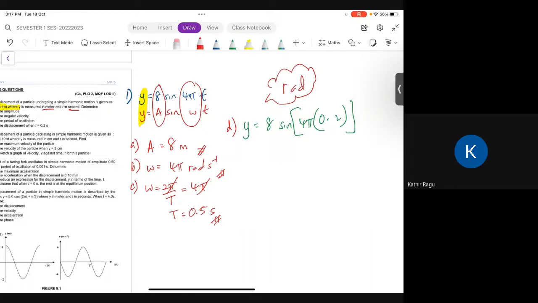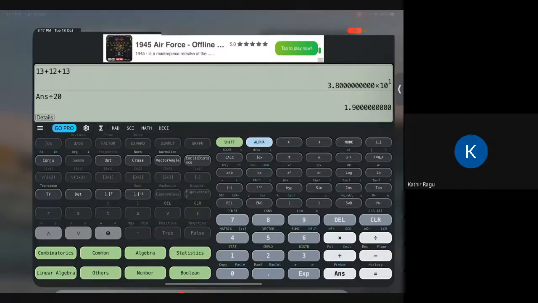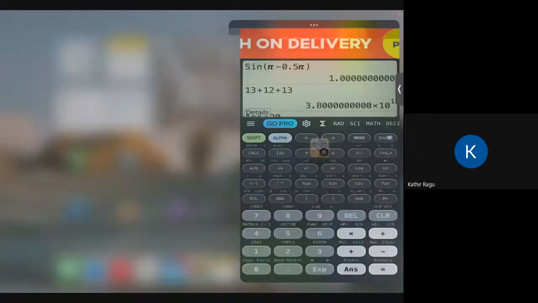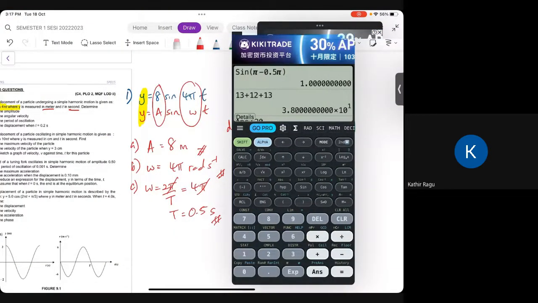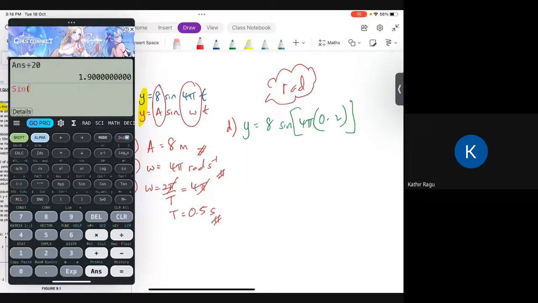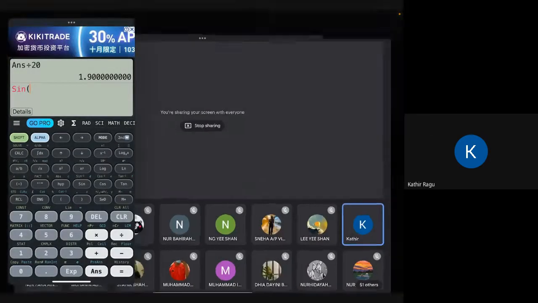Okay, so macam mana kita nak buat ni? Kejap, calculator saya ni. Saya bawa ke tepi. Dah lama tak main calculator ni. Sin, tu ada ramai lagi nak masuk tu. Okay.